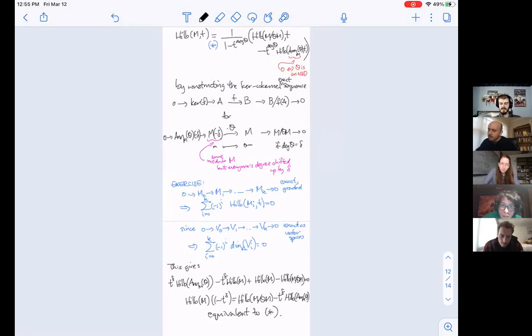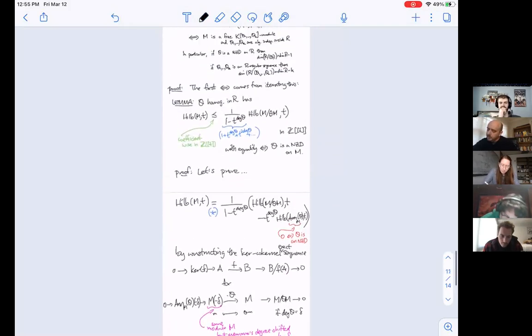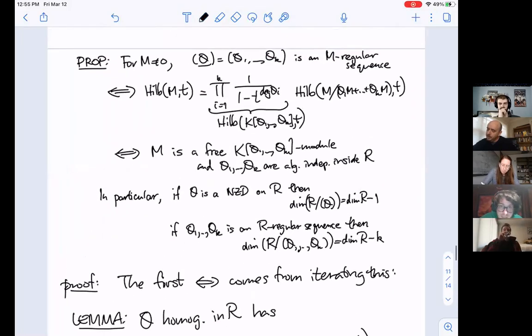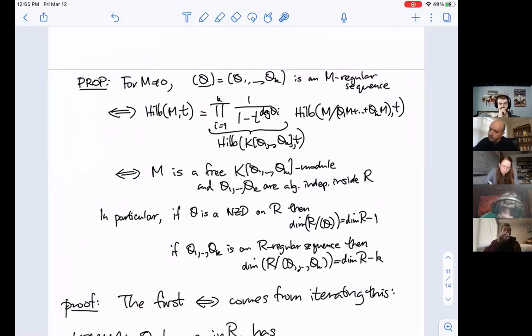Okay, what was else? There was another if and only if in the proposition. We just did that so far. This second one, I'm just going to say, come to my office hour. I don't want to spend forever doing this kind of generating functionology, commutative algebra stuff. I feel like it's only so interesting.